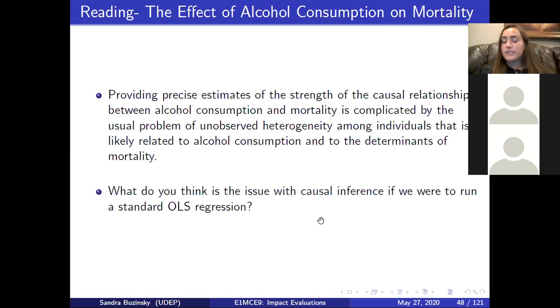If we were just to run a standard OLS regression of drinking alcohol on motor vehicle accidents, what do you guys think the problem is there? Would we get a causal effect of drinking on motor vehicle accidents, or would other things be affecting our estimate?